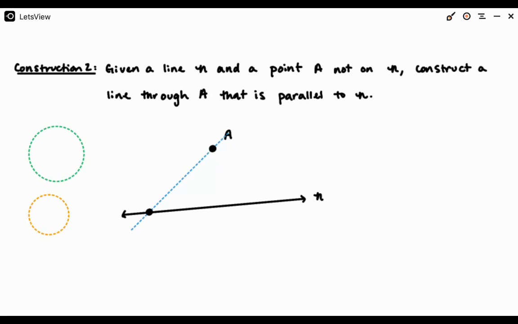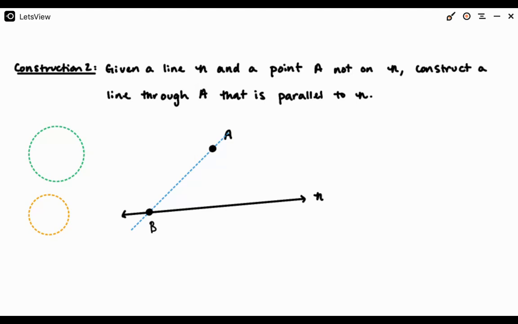So we're putting a point on the line and then drawing the line through that new point and A. We can call our new point B. Now I want to take this angle and copy it up here, and then I'll be able to get a line that's parallel, because if alternate interior angles are congruent, if this angle is the same as this angle, then the lines have to be parallel.